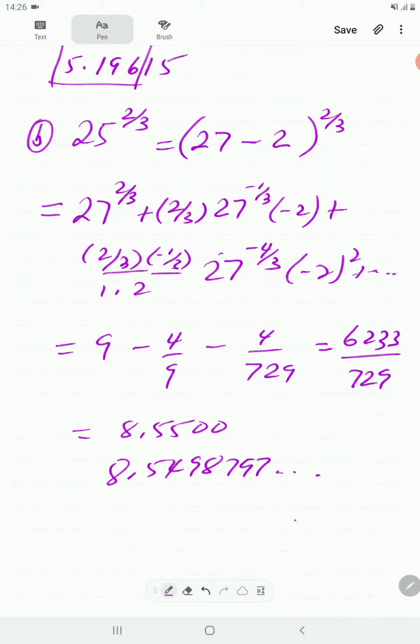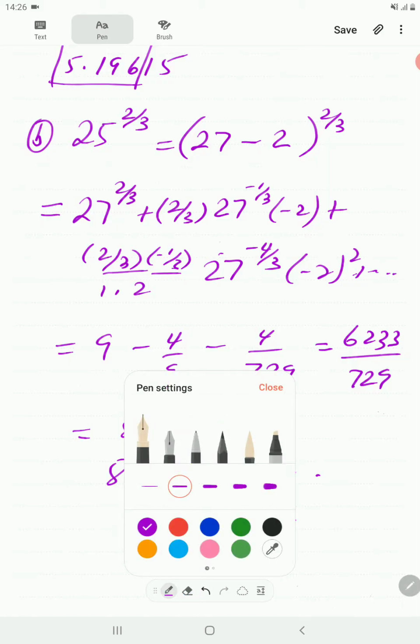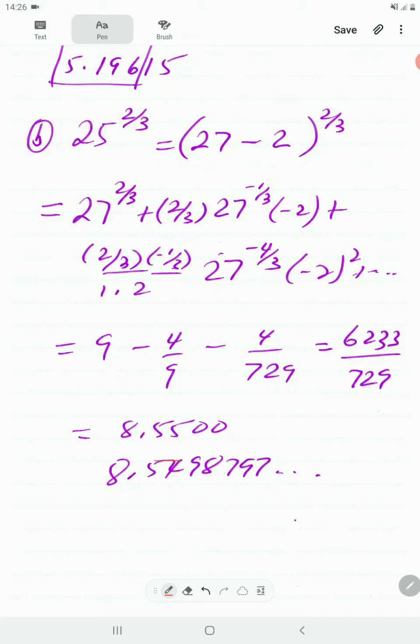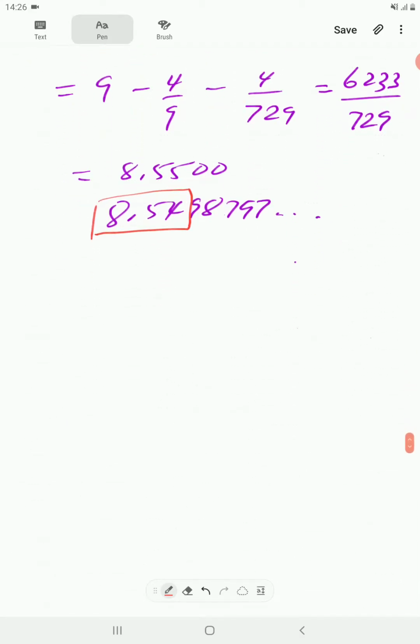Now you can see again it's correct to two decimal places. Our answer is pretty good, because written to 2 decimal places it is 8.55.